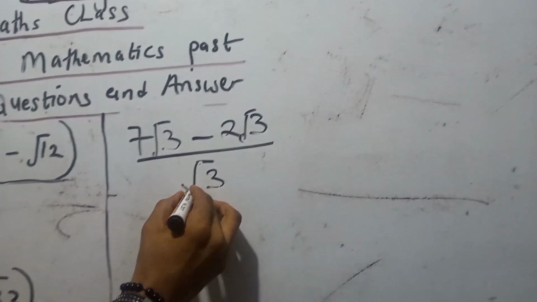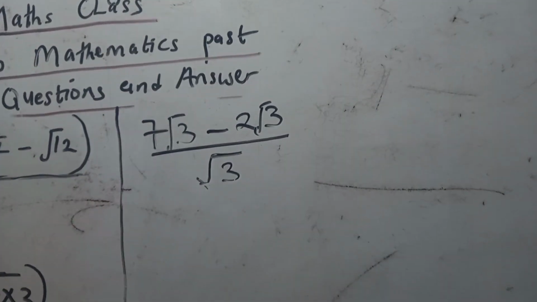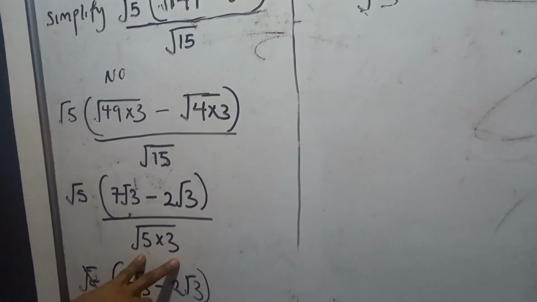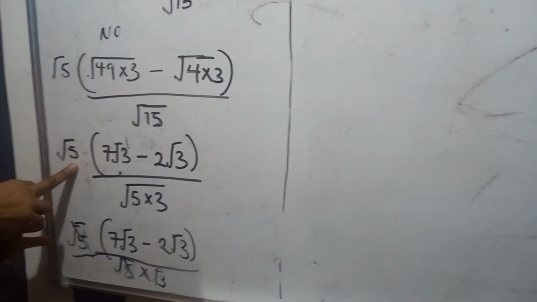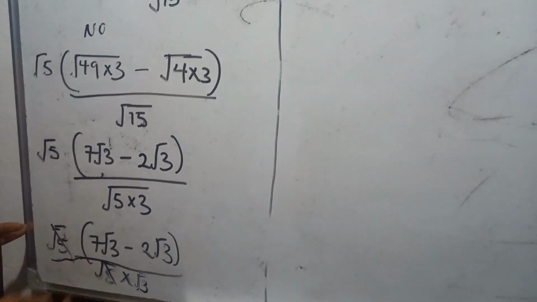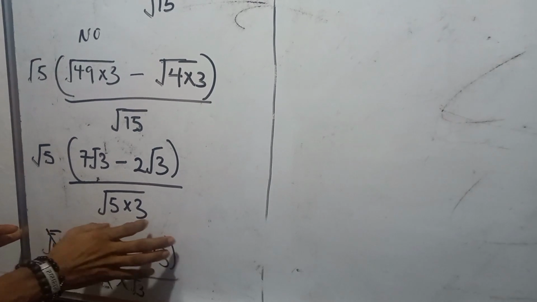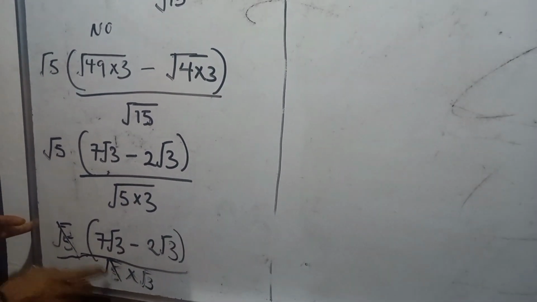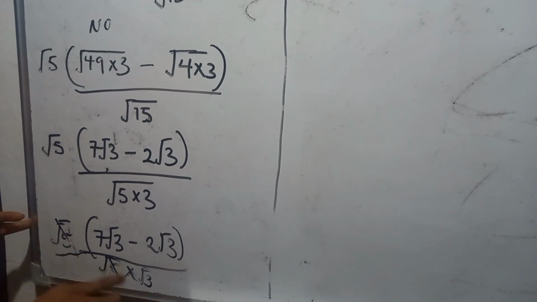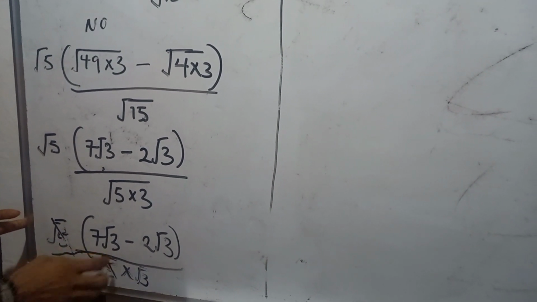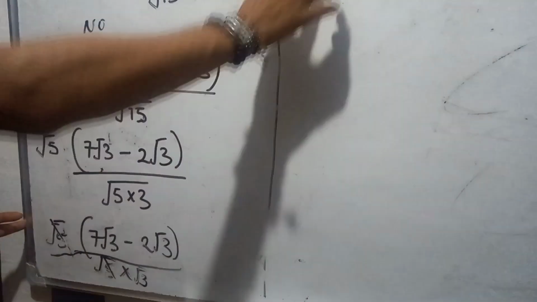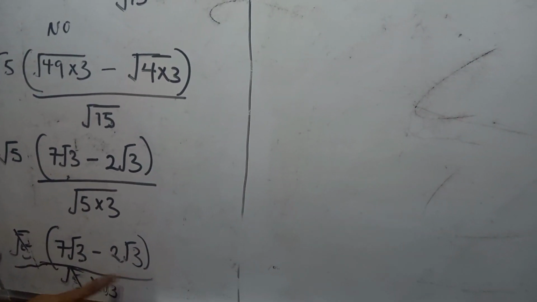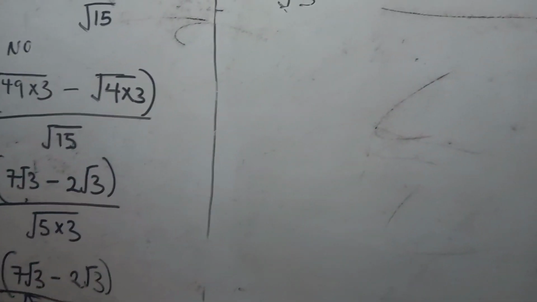If you are confused on what to do here, you can go back to the same thing again. Look what happened here. I expanded this place because I saw a common term that I can divide with, which is root 5. So I open this root 5 and root 3. Since root 5 divides root 5, what remains is root 3. We have 7 root 3 minus 2 root 3 divided by root 3.